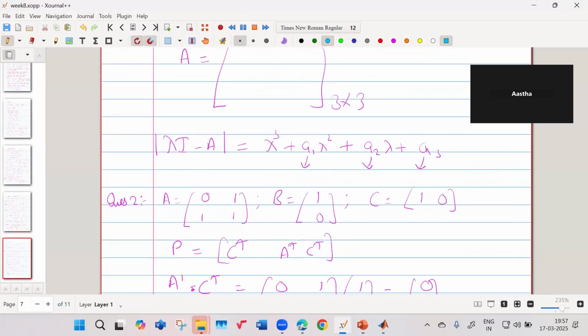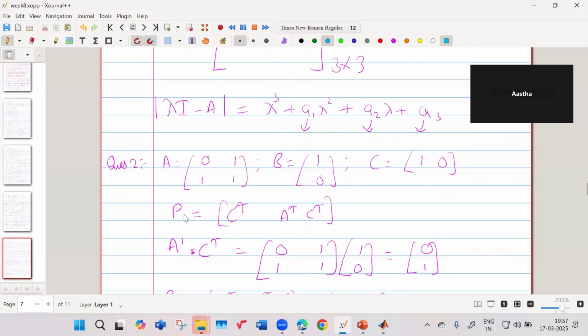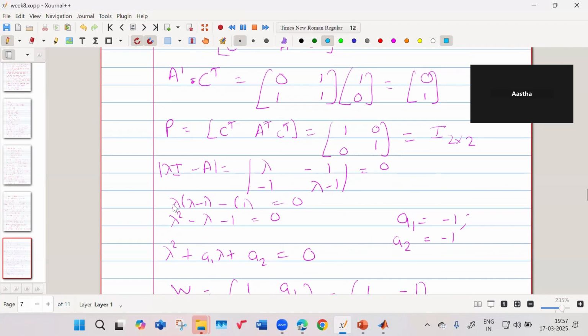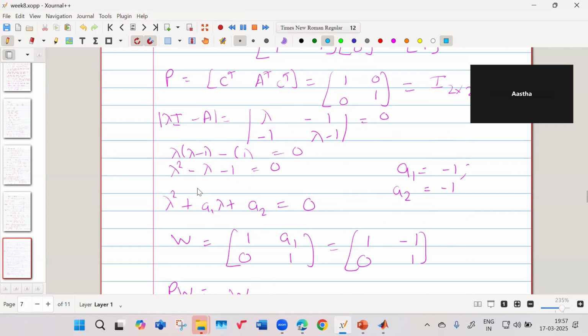So these are the A, B, C matrices we have. We found the P matrix. Then we found A transpose, C transpose. We got our P matrix, which very luckily turns out to be an identity matrix. We found its characteristic polynomial, and we got our A1, A2, which is needed.